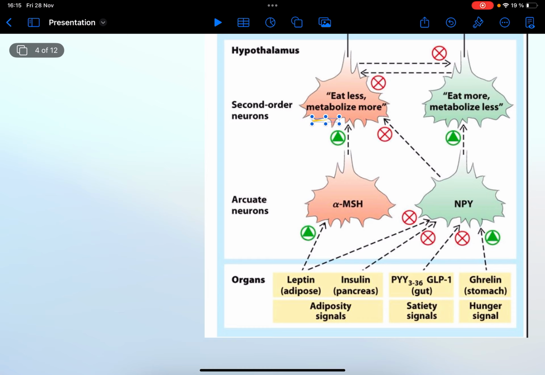Whereas the ghrelin hormone, which is a hunger signal, would stimulate neuropeptide Y, so we feel more hungry and want to eat more. You think about wanting to eat a pizza or a hamburger.